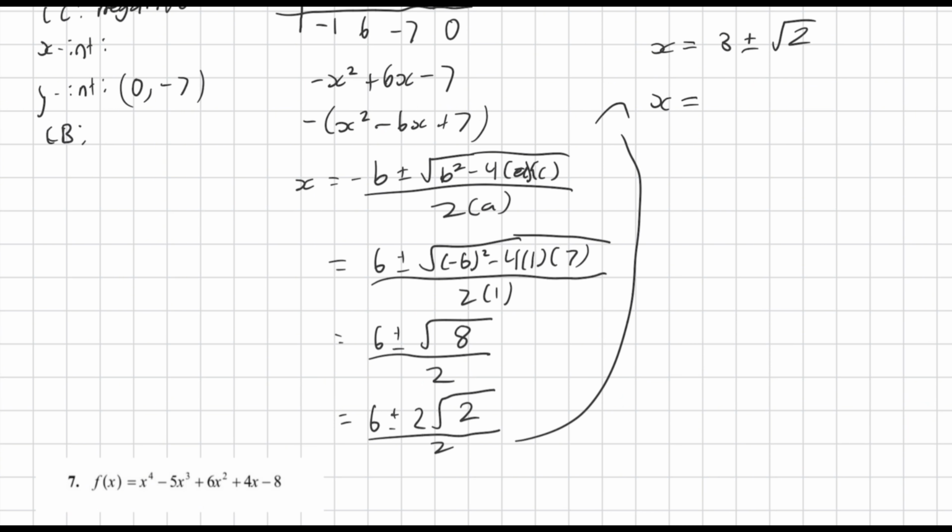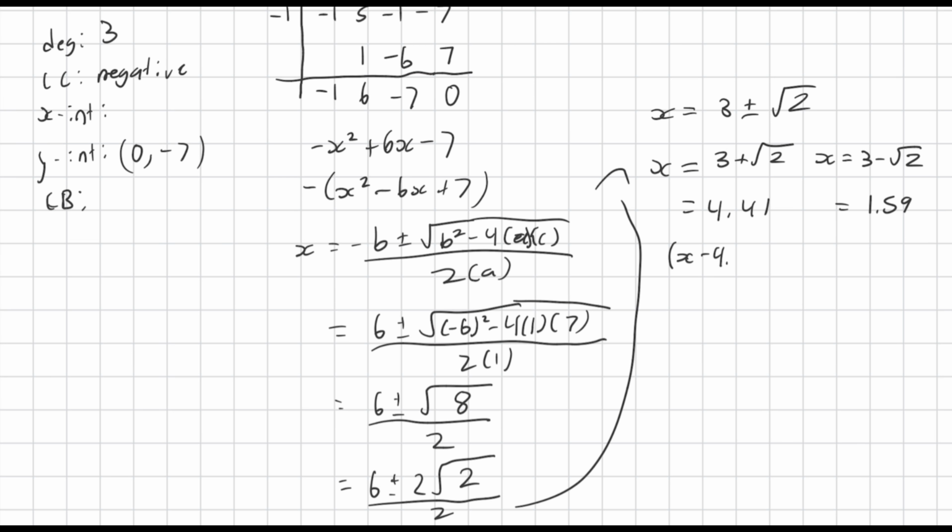X is going to equal 3 plus square root 2, and x is going to equal 3 minus square root 2. Square root of 2 plus 3, 4.41, 1.59. X -4.41 and x -1.59.